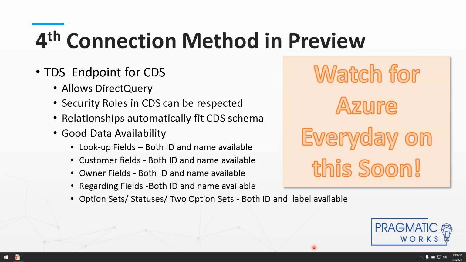With a direct query, you get data updates pretty much in real time. In this world where the Common Data Service meets Power BI, you've never been able to do that direct query before because you couldn't get access to the SQL database that holds the tables. But with the TDS endpoint connector, you can get limited access to the SQL database now.